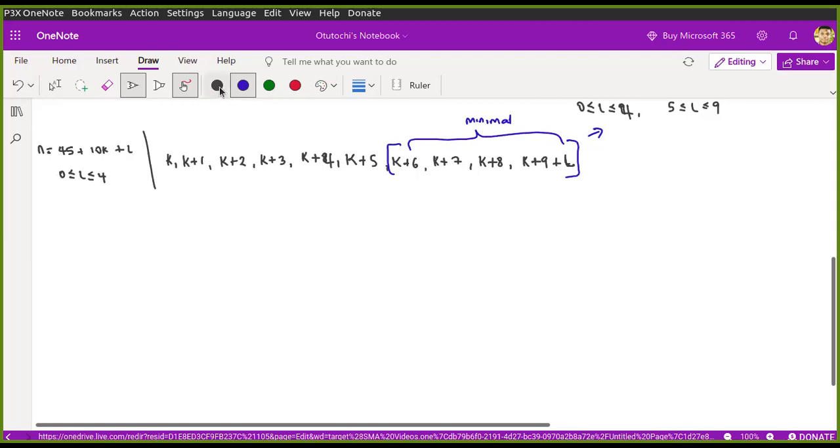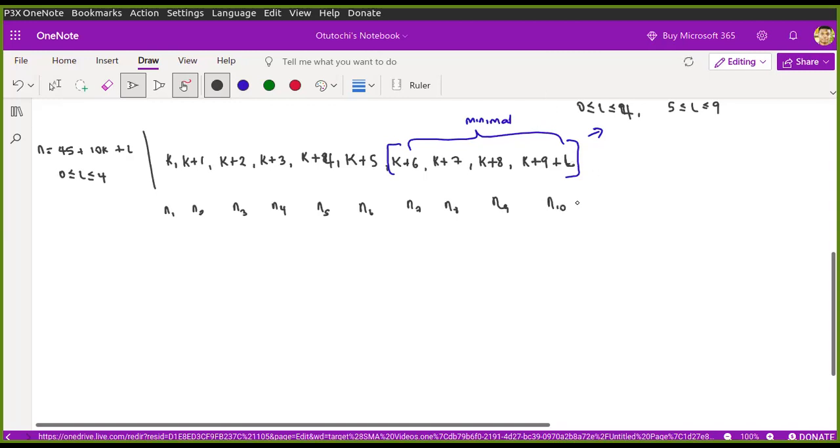So let us assume that there's another distribution n1, n2, n3, n4, n5, n6, n7, n8, n9, and n10, right?